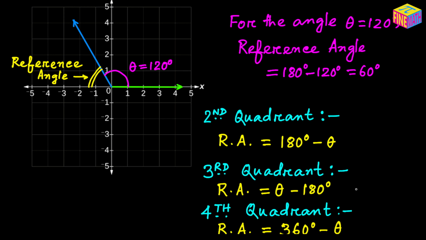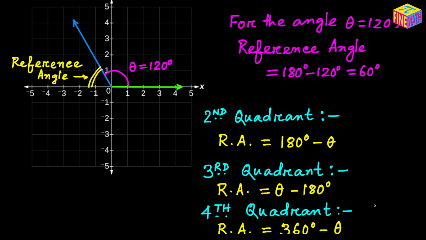We have to subtract 180-degree from that angle, and that will give us the acute angle between its terminal side and the negative x-axis. So if its terminal side is in the third quadrant, then all we have to do is subtract 180-degree from the original angle to calculate the reference angle for that angle.